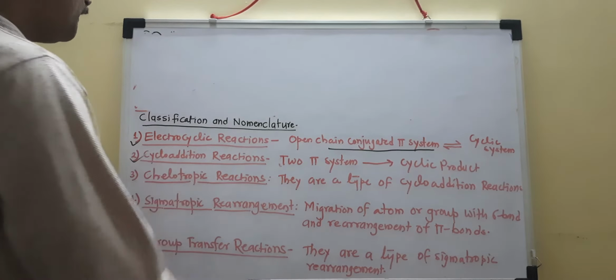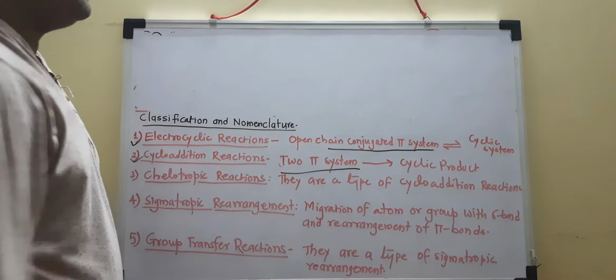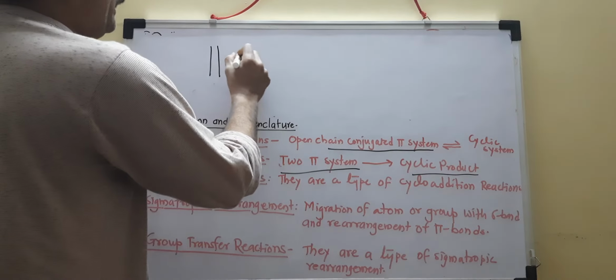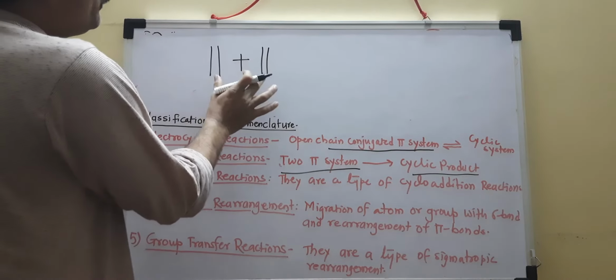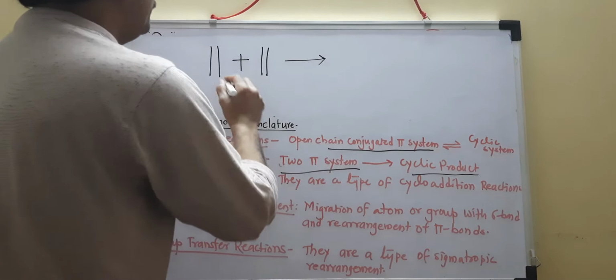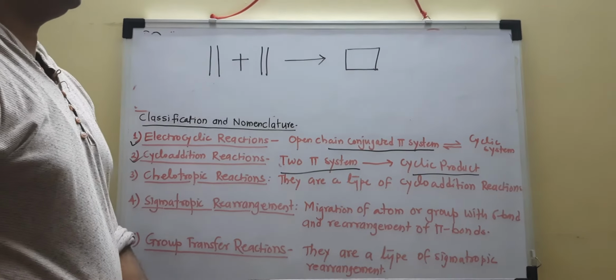Second, what are cycloaddition reactions? Here two pi systems combine together to form a cyclic product. I write here two pi systems, two molecules having pi bonds. Now they are converted into this kind of cyclic compound.